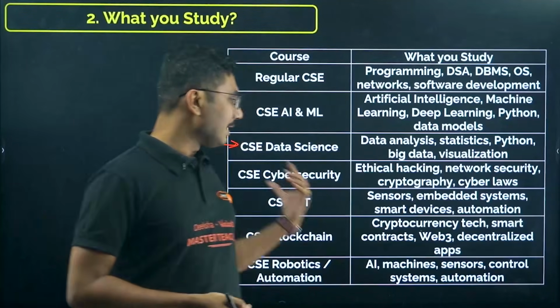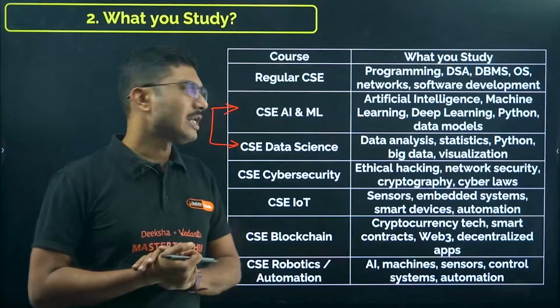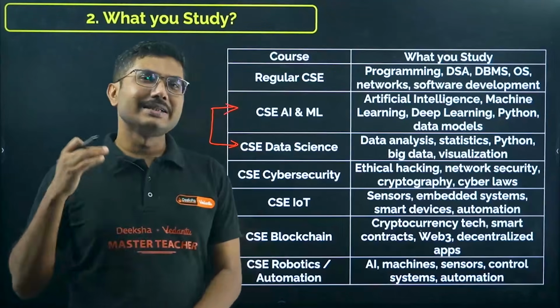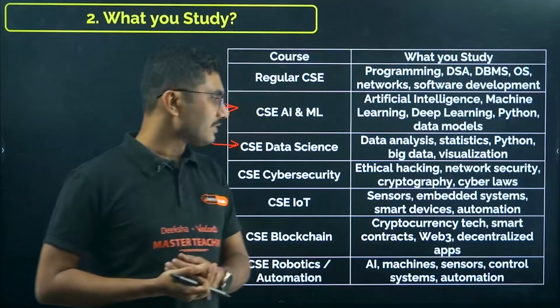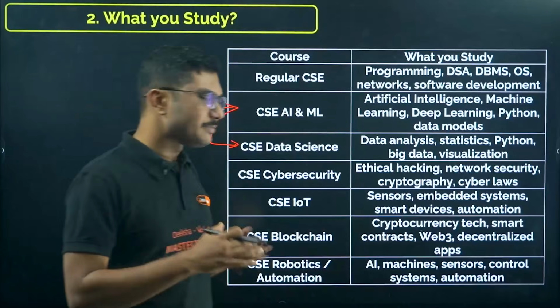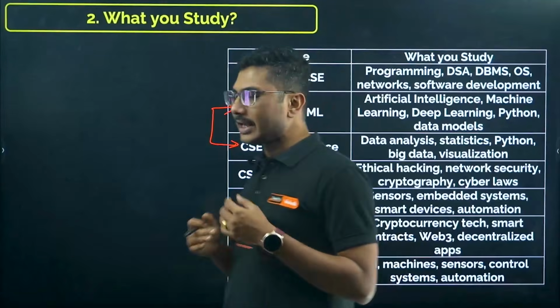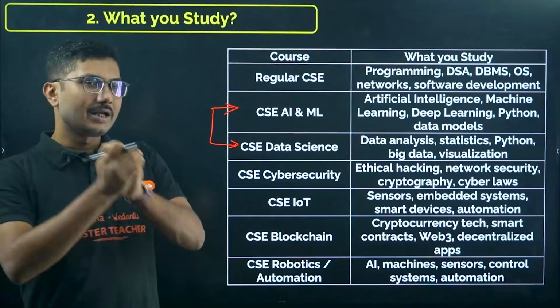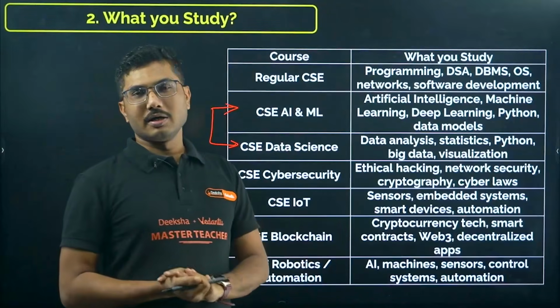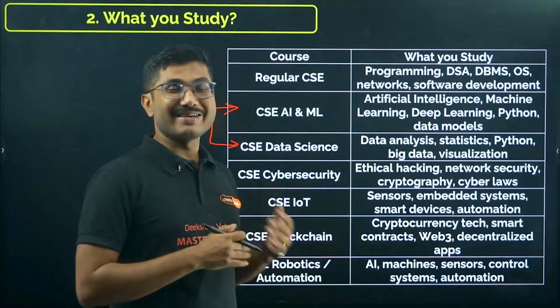It actually involves artificial intelligence, machine learning, as well as sensors, control systems, automation, etc. So this is basically a mix of hardware and software. It is not only software, it also requires integration with the hardware.